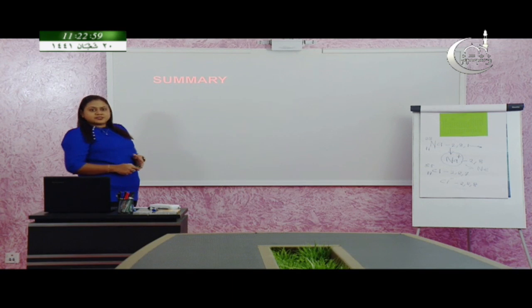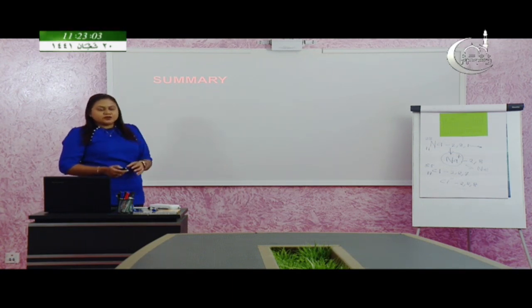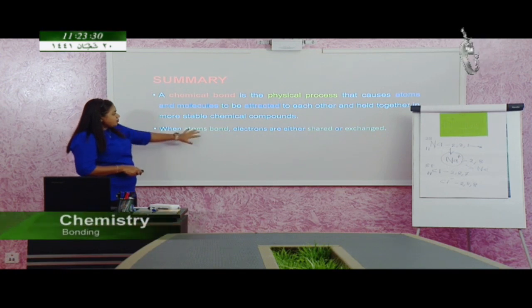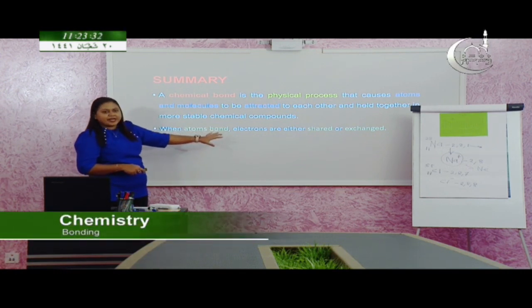So, just to sum up, keeping in mind what you have studied today and also the objectives of today's lesson, a chemical bond is the physical process that causes atoms and molecules to be attracted to each other and held together in more stable chemical compounds. When atoms bond, electrons are either shared or exchanged.